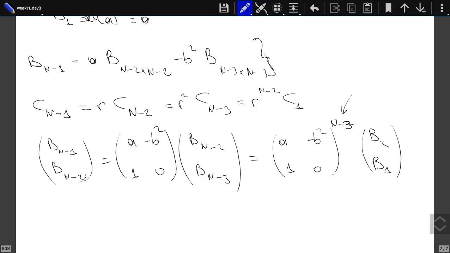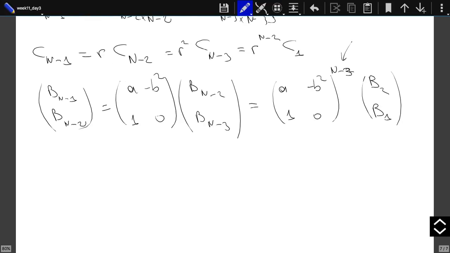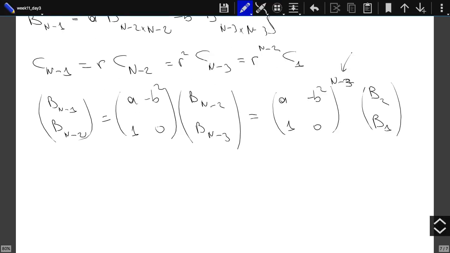Yeah, we will be diagonalizing it. So how do we diagonalize it? Okay, do you see an easier way?